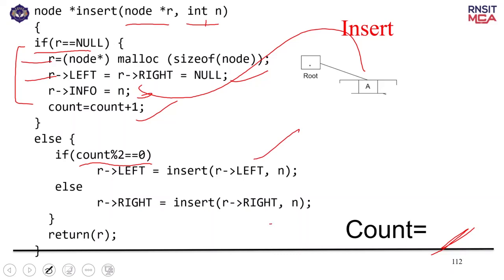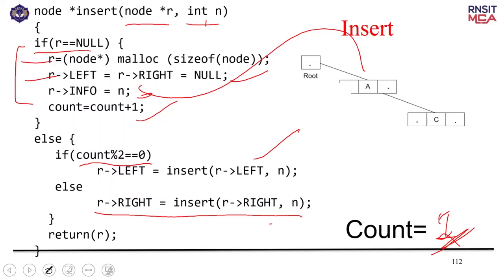Now count is 1, only one element is there. So 1 modulus 2 is not equal to 0, and then it has to insert at the right. Now the count is 2, the number of elements is 2, and 2 modulus 2 is 0.